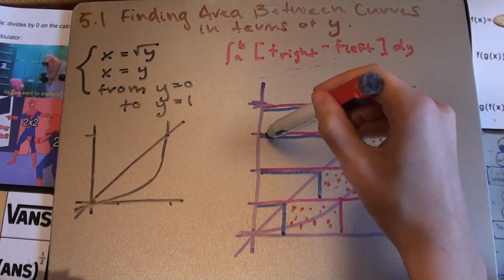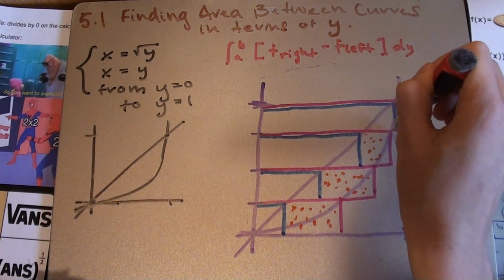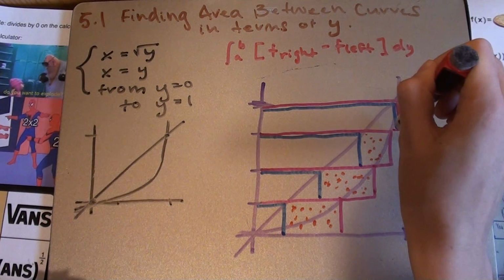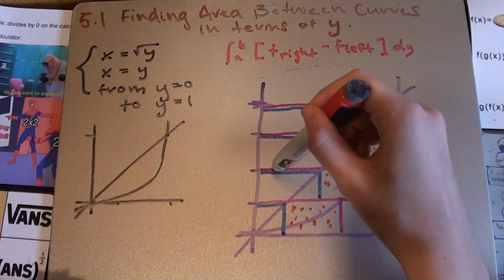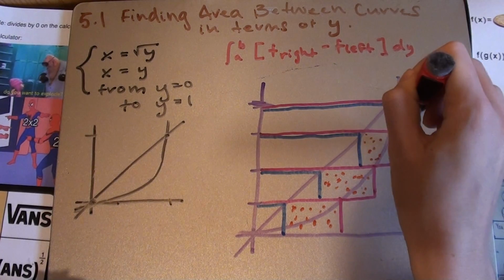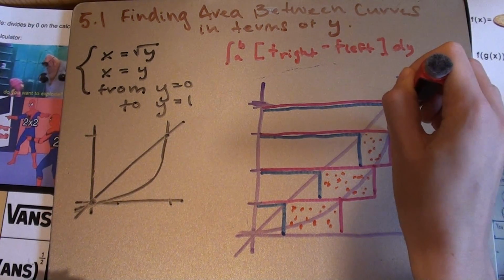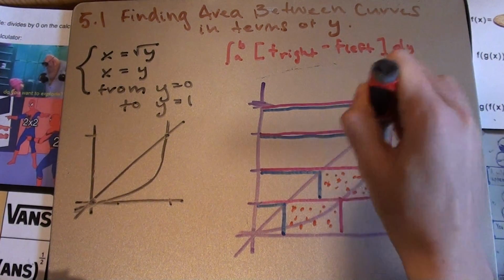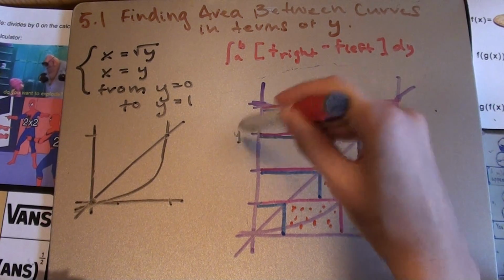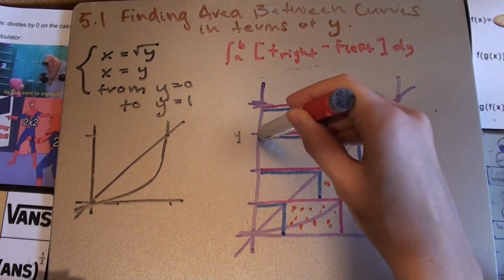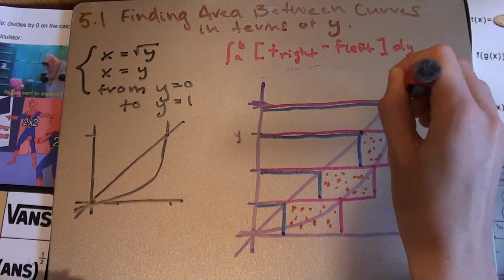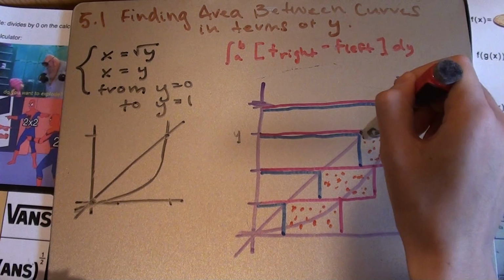So we take the length of our pink rectangle up to our function x equals the square root of y at this point for y, and we're going to subtract out the length of the blue rectangle up to this point on the function x equals y.